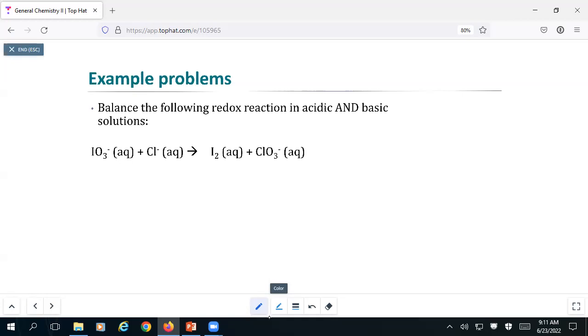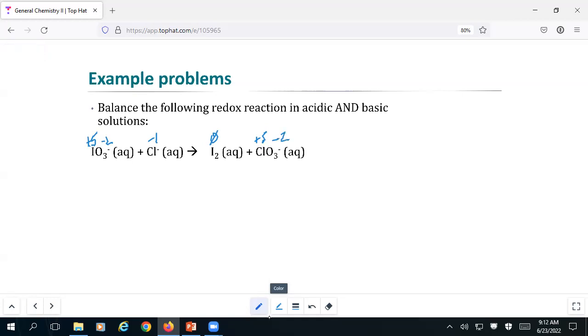If we did that, iodine's a +5, oxygen's a -2, -1 for the chlorine, 0 for the iodine, +5 for the chlorine, -2 for the oxygen.